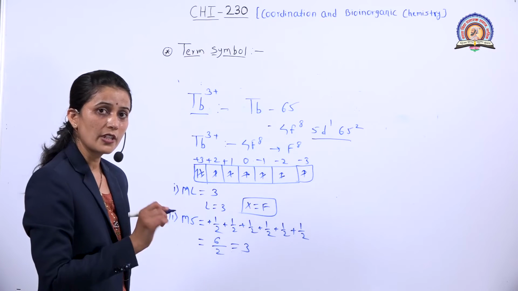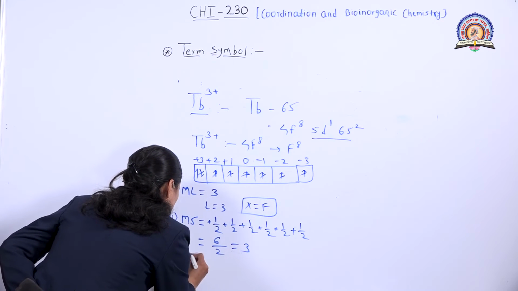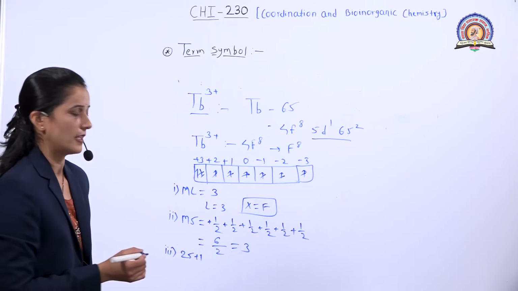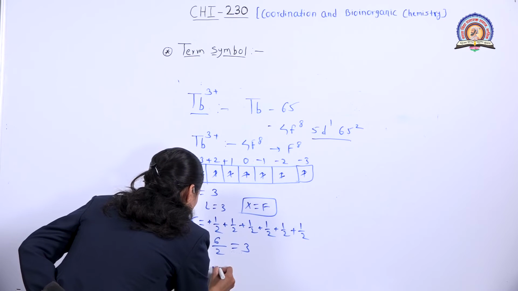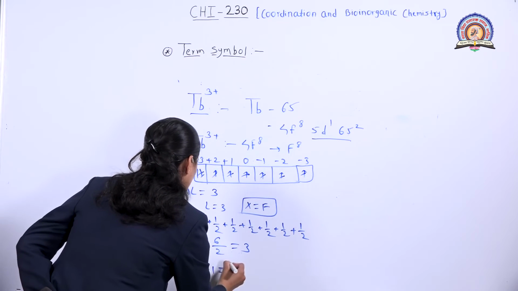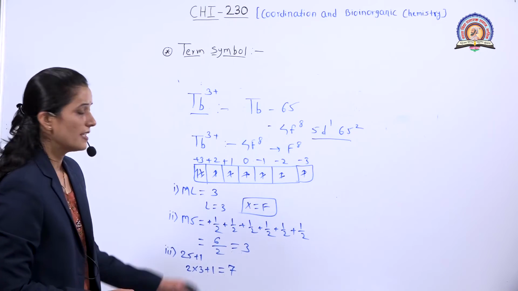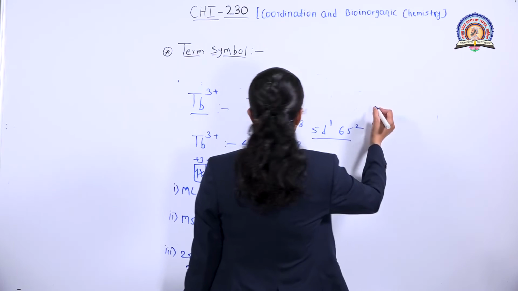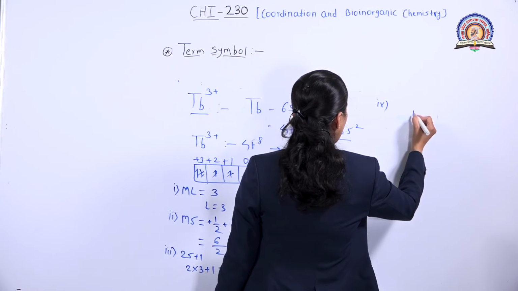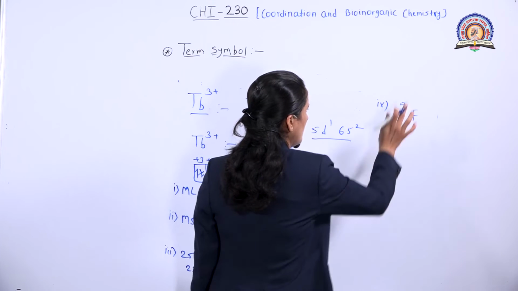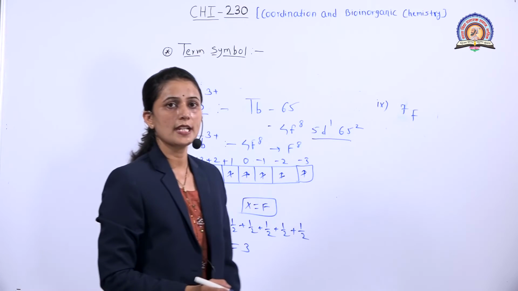Now the next step is the calculation for spin multiplicity, that is 2S plus 1. As S is 3, 2 into 3 plus 1 is equal to 7. That's why the spin multiplicity for Tb3+ is 7. So finally we can write the RS term, that is 7F, but we still have to calculate the J value to show the full spectroscopic symbol.